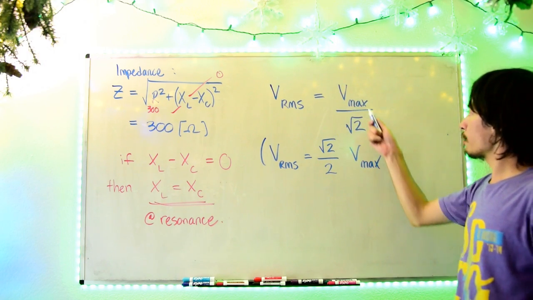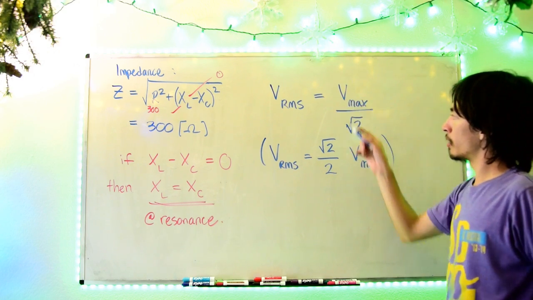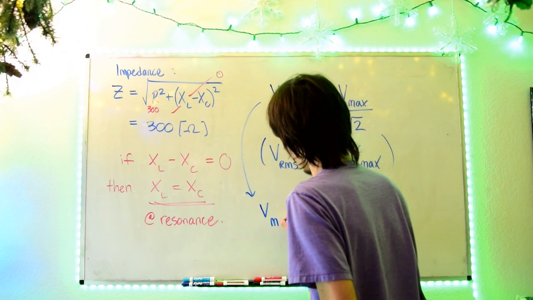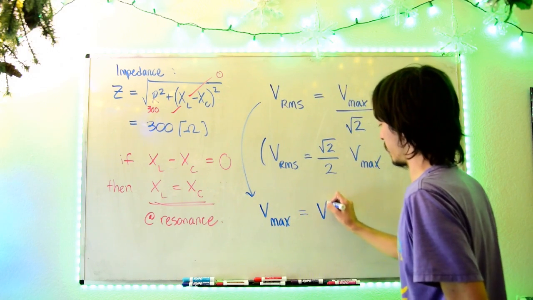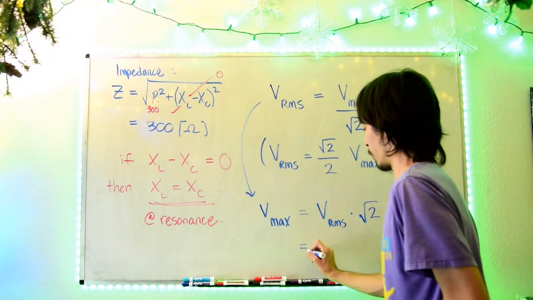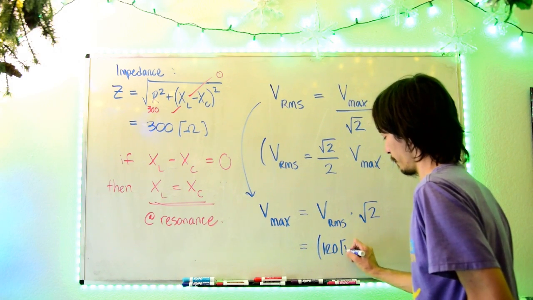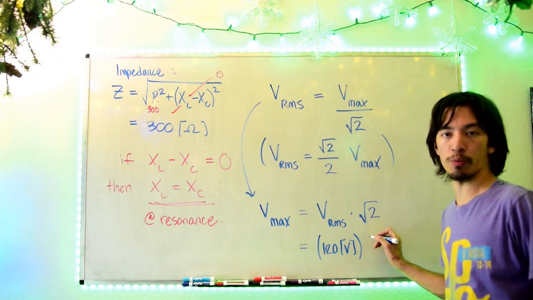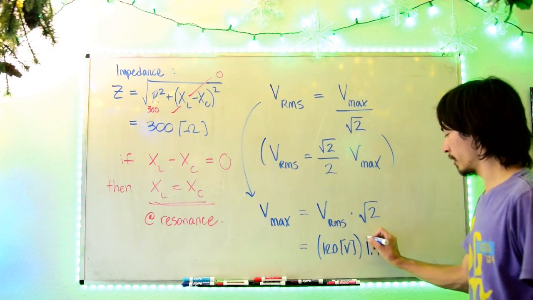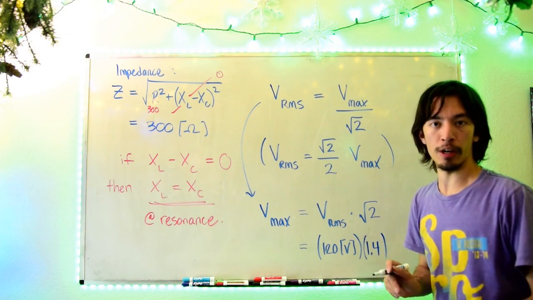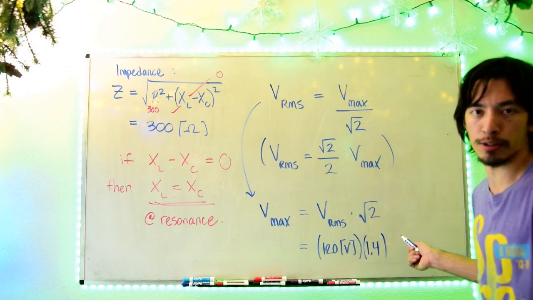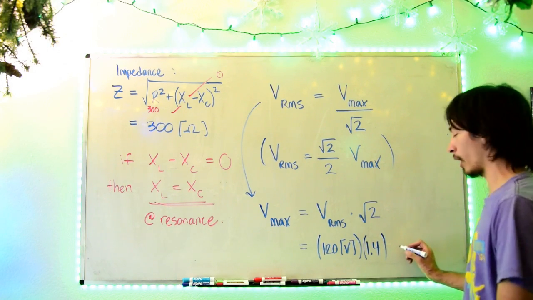So if I want to get my maximum, V maximum is just V RMS times the square root of 2, which is 120 volts. Square root of 2 is 1.4, roughly, especially if you're taking the MCAT or something like that, then it's useful to be able to round certain things.